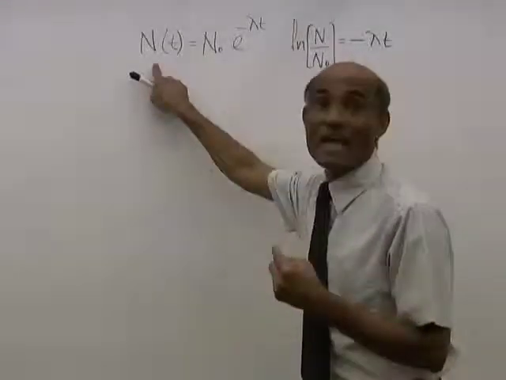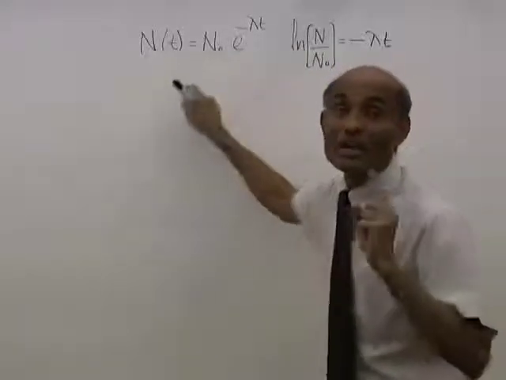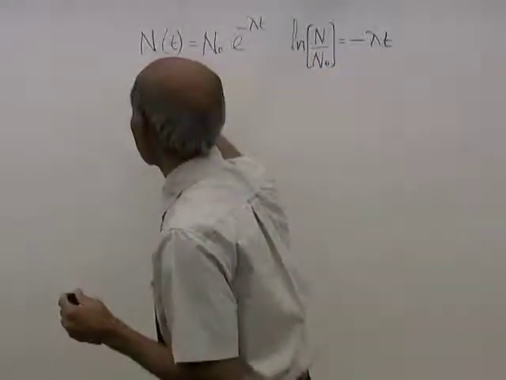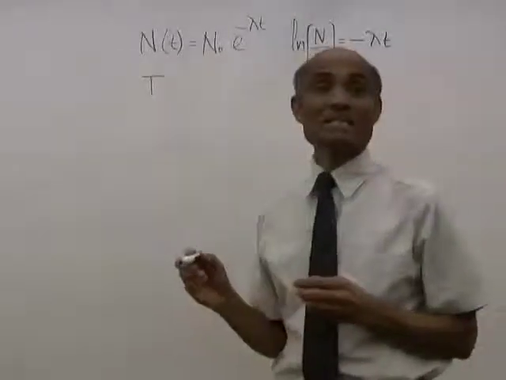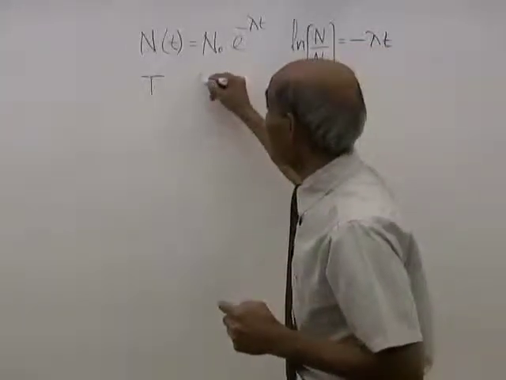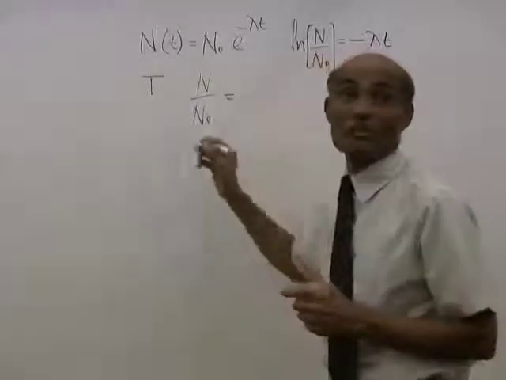That means N will be 1/2 of N0 in one half-life. Now we will represent half-life by the uppercase T. So after one half-life, what is the value of N over N0?